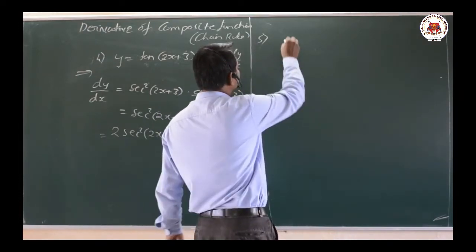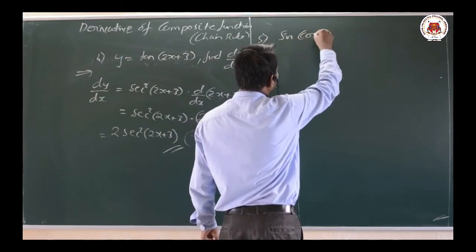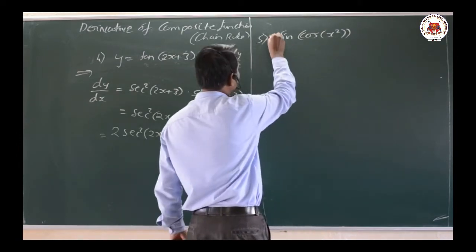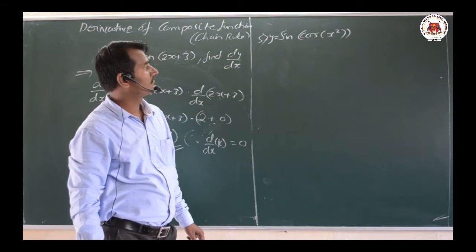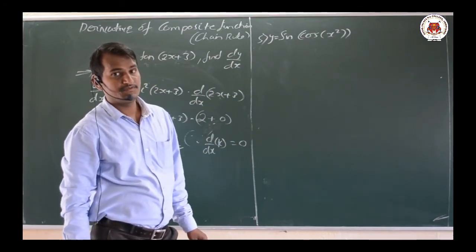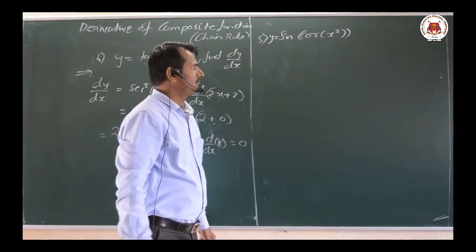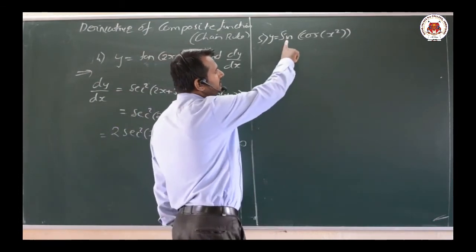Okay, the next one, the fifth example. y is equal to sine of cos of x square. It is a very simple problem. Let us observe here. Before going to this, we can observe that it is a function of a function.